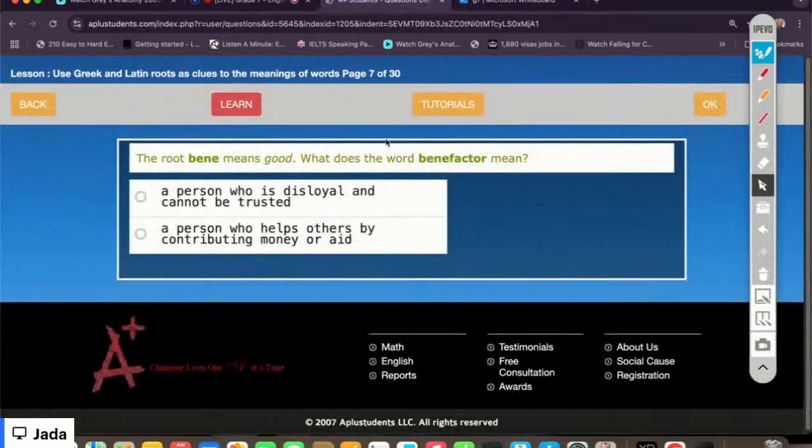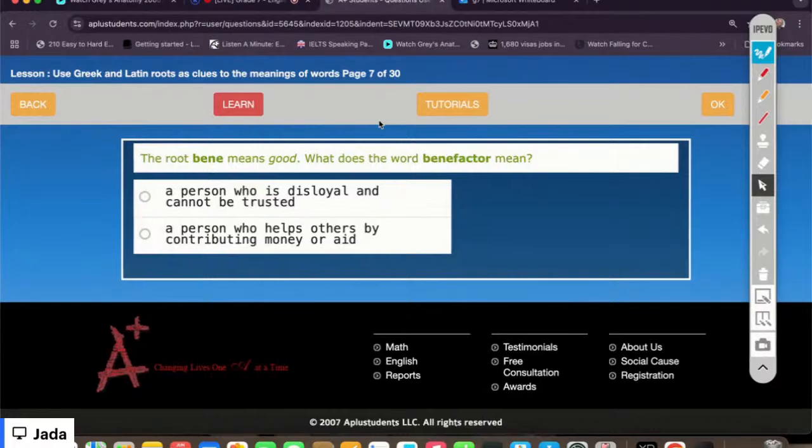Okay. So next up we have the root bene, which means good. What does the word benefactor mean?